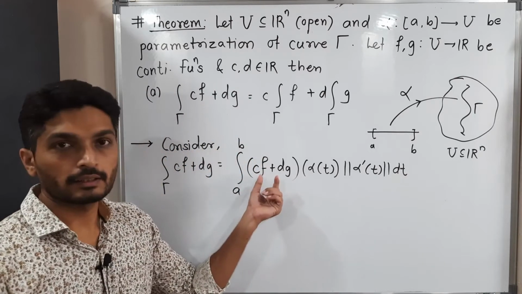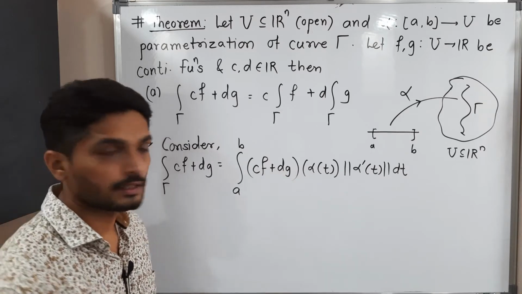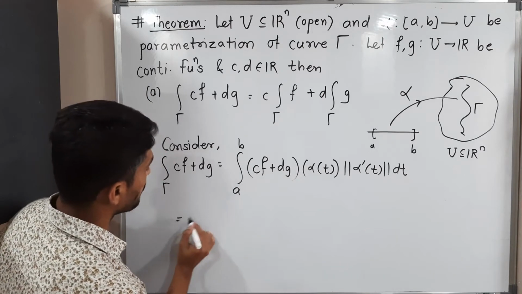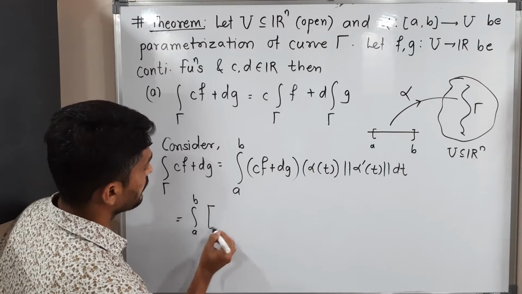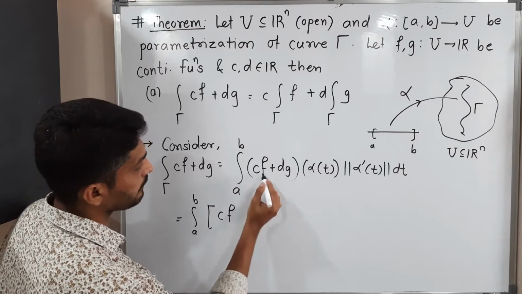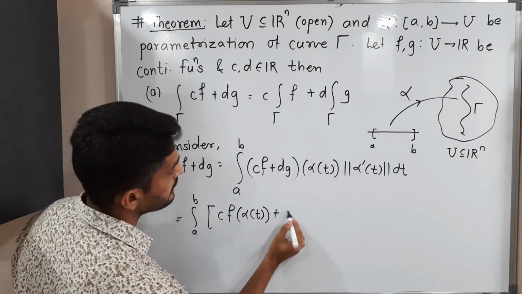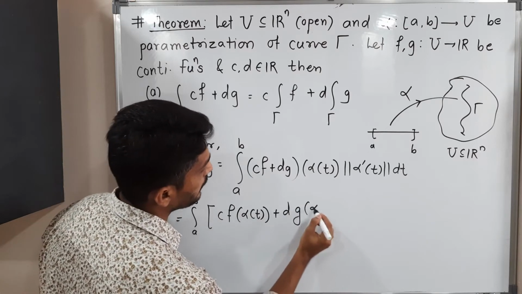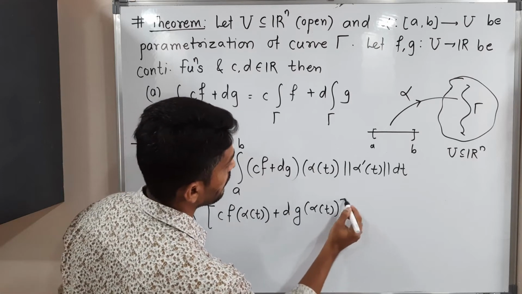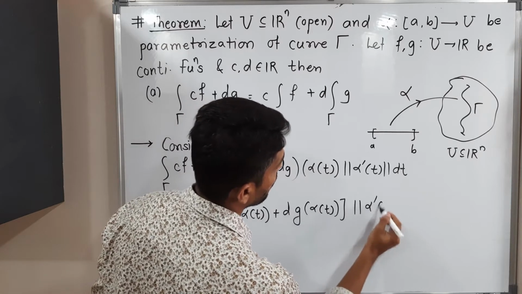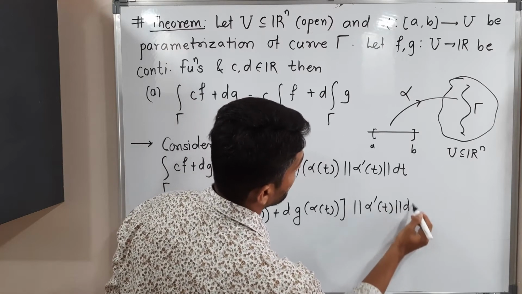After that, these functions will operate on this alpha of t. So this is equal to integration a to b. C is a constant, it will not operate. F will operate on alpha of t, plus d is a constant again, and g of alpha of t, norm alpha dash of t dt.